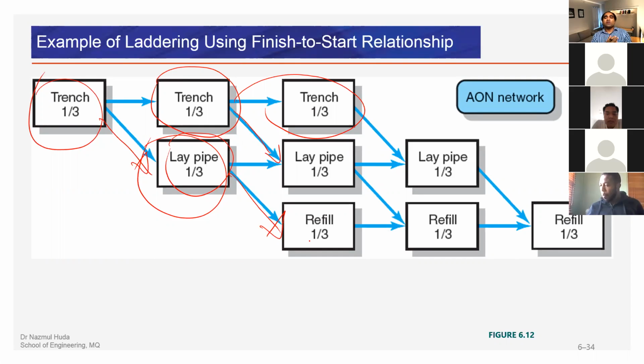So we are not wasting any time. Starting simultaneous tasks before even one task is finished, if we are allowed to start the following task immediately, that is known as the layering process.